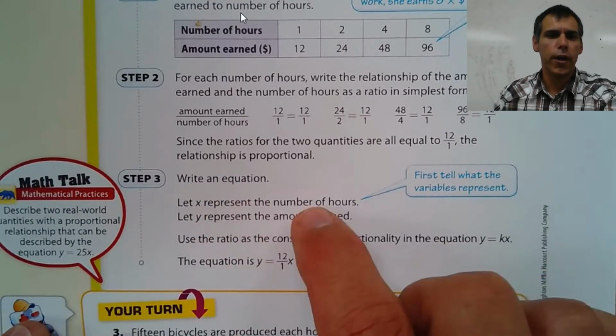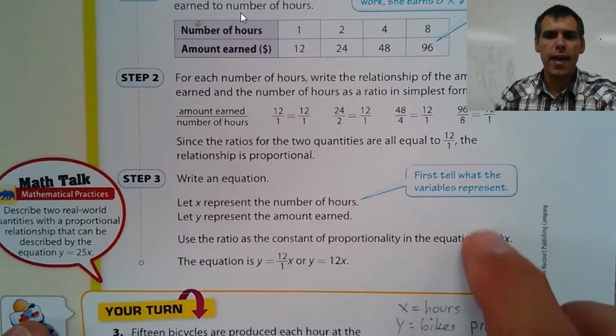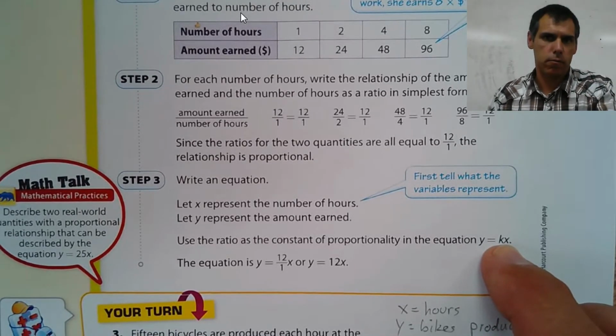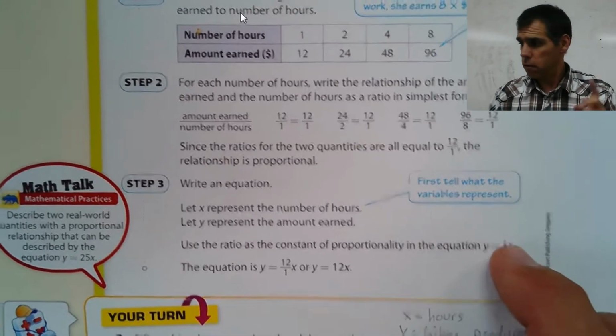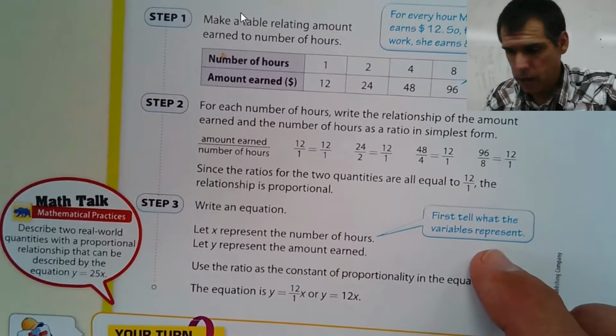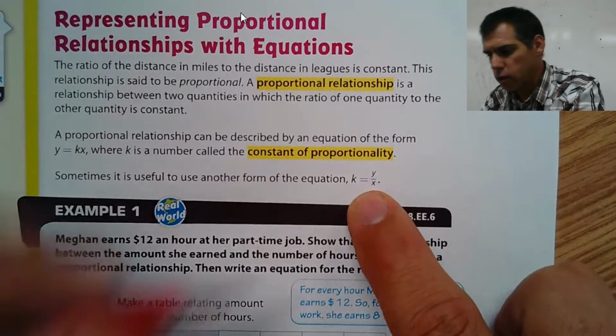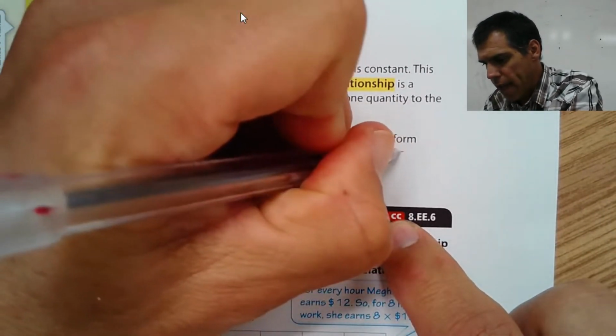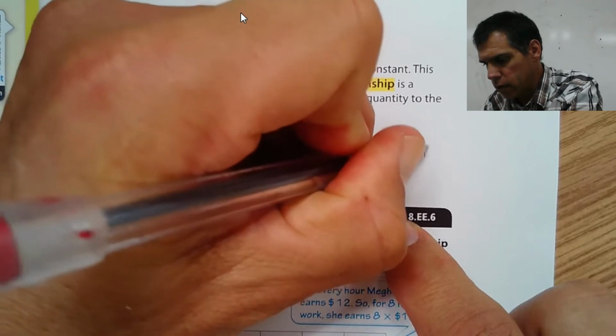So we're going to write our equation. And y equals kx. Now that k is the unit rate. In fact, what I should do is write this here. K right here is also known as the constant of proportionality, and that's the same as the unit rate.